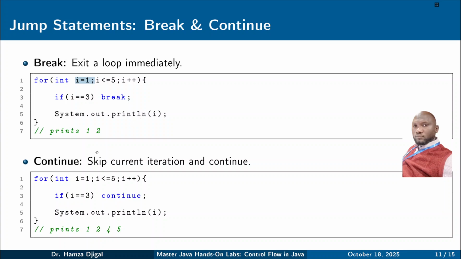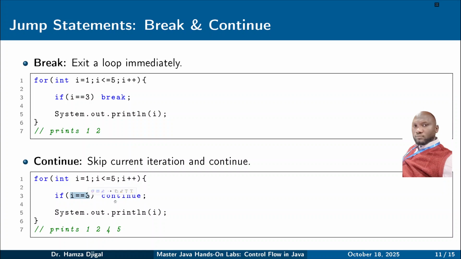Then continue is, in some words, like the opposite of break. It skips the current iteration and continues. Here, I don't want to print it. It's like if I find someone I don't like, I just skip him, I jump over him and go to the next one.